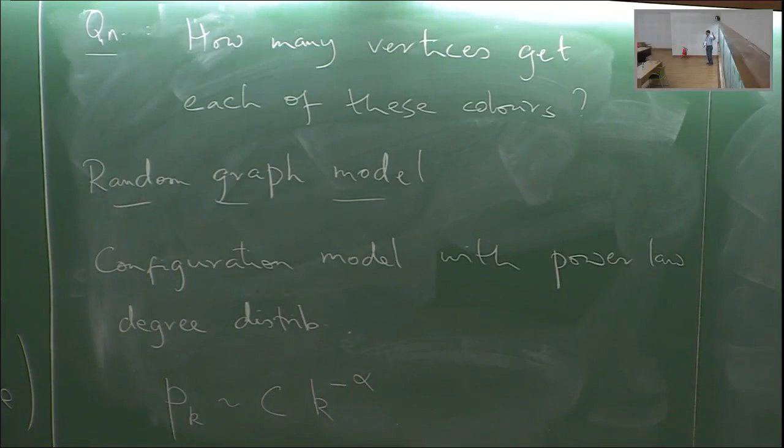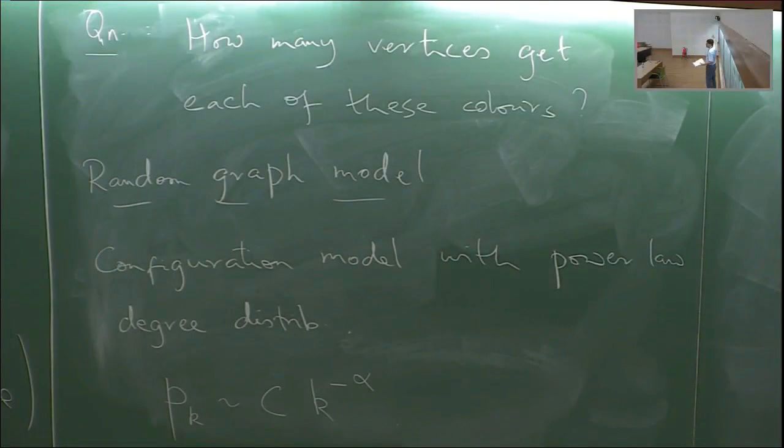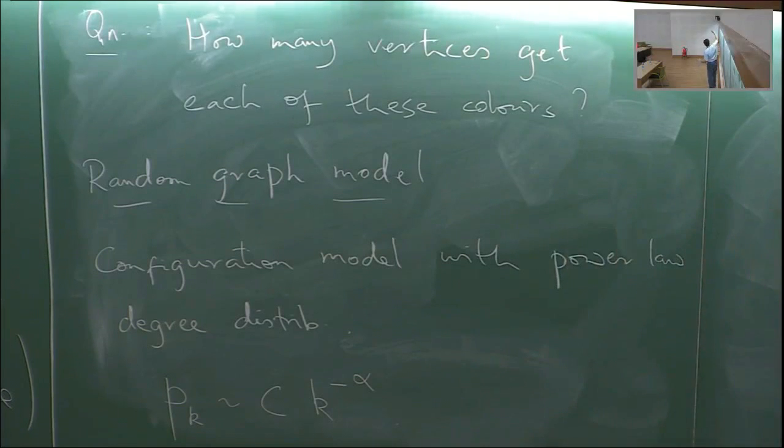The configuration model again may be familiar, but if not, it's quite easy to describe. The first thing you do is you have your n vertices. To each of them, you independently draw a degree from this degree distribution, and you assign that many half edges.